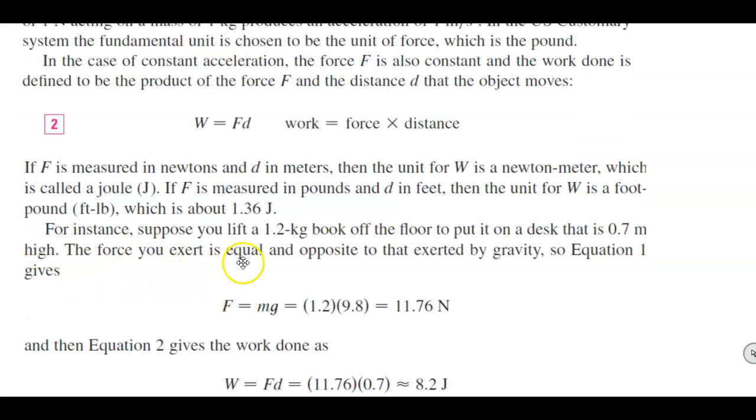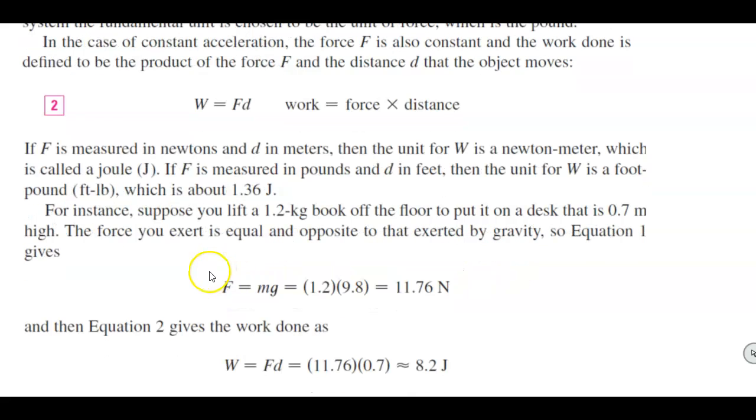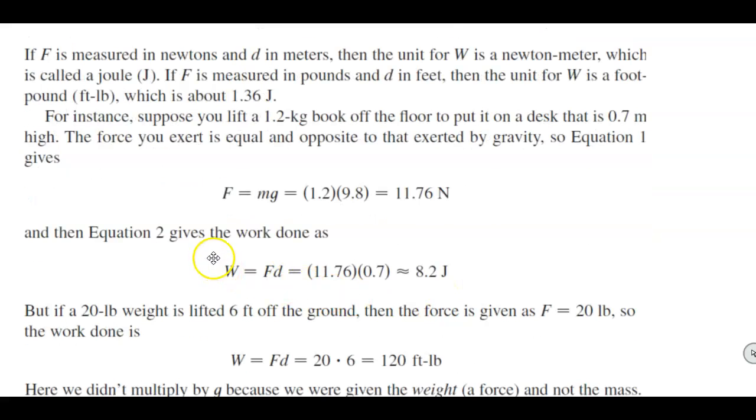For instance, suppose you lift a 1.2 kilogram book off the floor to put it on a desk that is 0.7 meters high. The force you exert is equal and opposite to that exerted by gravity. So from equation number 1, force is equal to mass times gravity, which is 1.2 times 9.8, giving us 11.76 newtons. Now equation 2 gives the work done as force times distance, which is 11.76 times 0.7, approximately 8.2 joules.